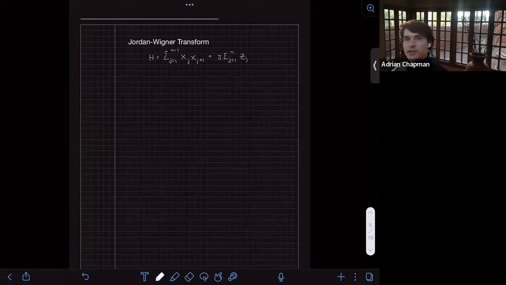Please let me know if my writing is too small. So, physically, this Hamiltonian looks like this.